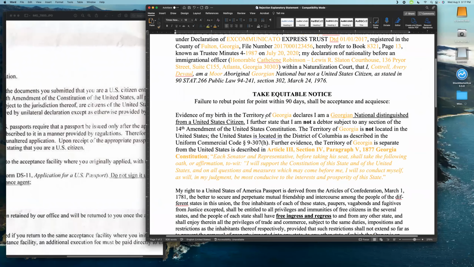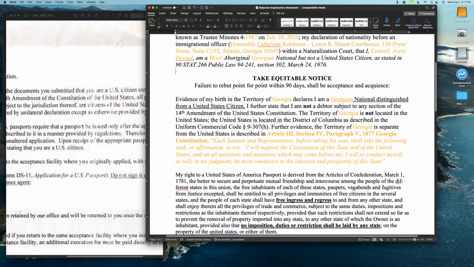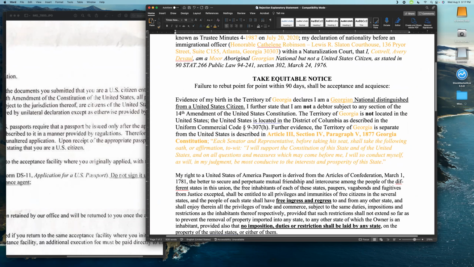Take equitable notice. Failure to rebut point for point within 90 days shall be acceptance and acquiescence. Evidence of my birth in the territory. See, I don't want to say state of, because state of refers to the territories and possessions of the District of Columbia when they ceded over their jurisdiction to them.